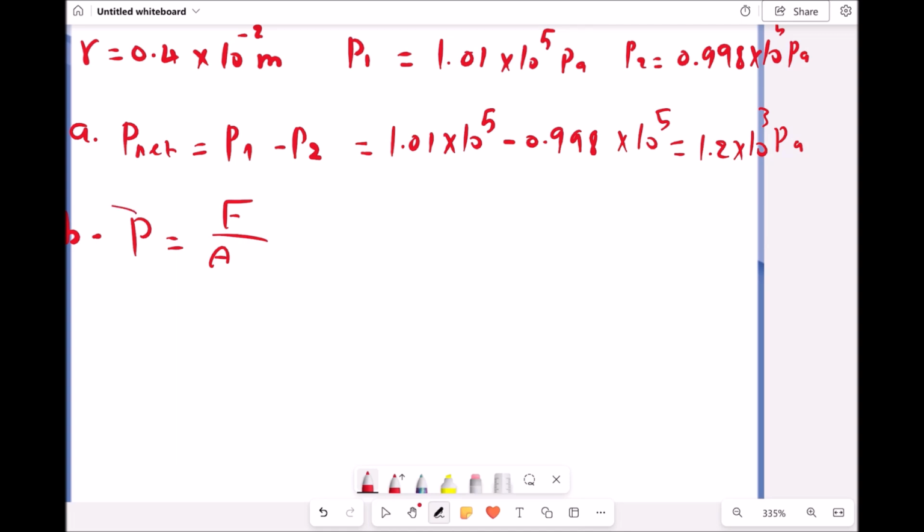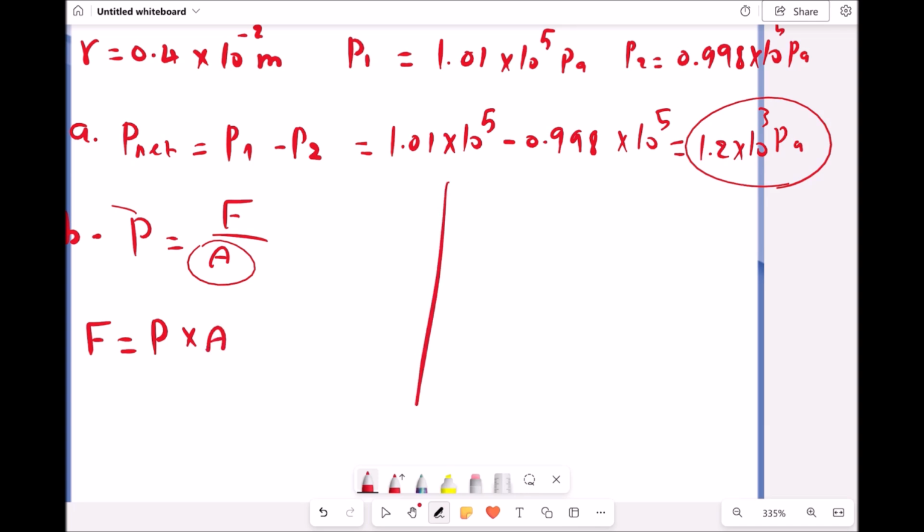Now, do you have pressure? Yes, I have pressure, which I found here. Do I have area? No, I don't have area, but I can find it using the radius. If you rearrange this equation, you will get F, which is equal to pressure multiplied by area. Now let's find area. Is it equal to pi r squared?